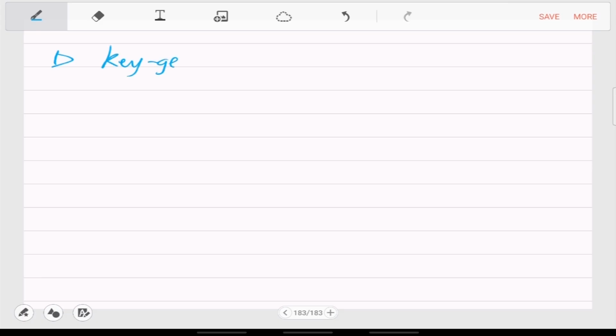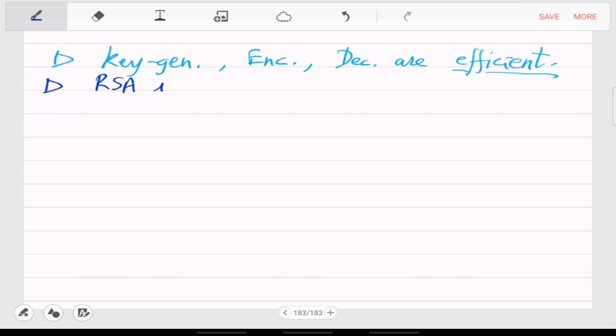So key generation, encryption, decryption are efficient, and RSA is secure, based on the assumption that n cannot be factored.